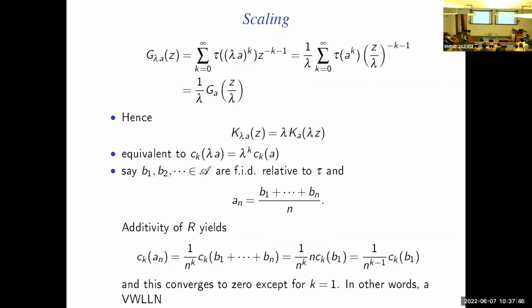So this is what I would call a very weak law of large numbers. Very weak because the convergence is very weak. It's convergence in moments, or formal convergence, if you want.